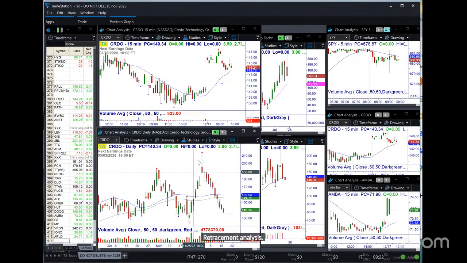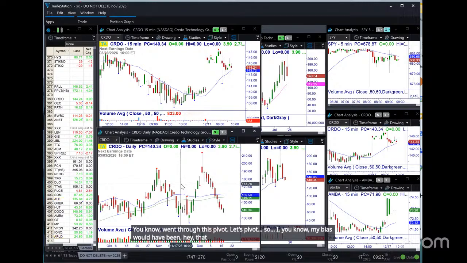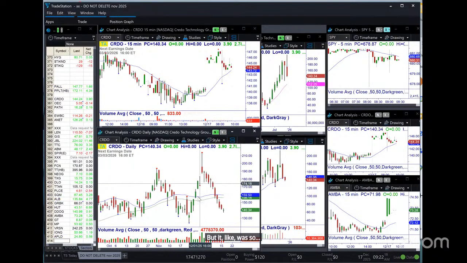So from here to here is amazingly bullish. It went through this pivot, this pivot. So my bias would have been, hey, that shouldn't retrace more than a third. But it was so robust, there's no support.